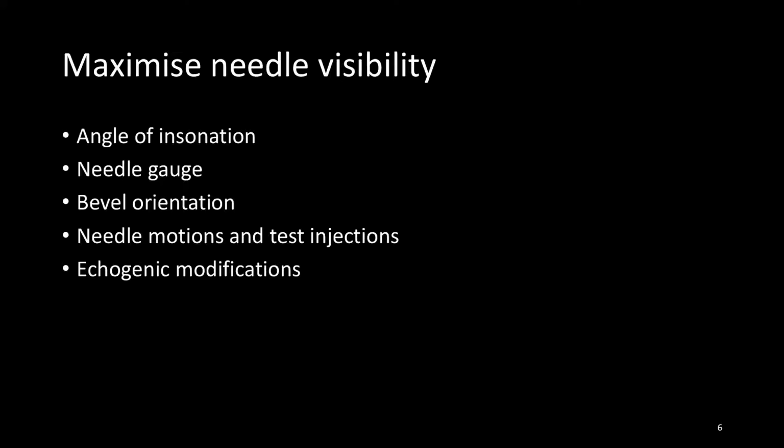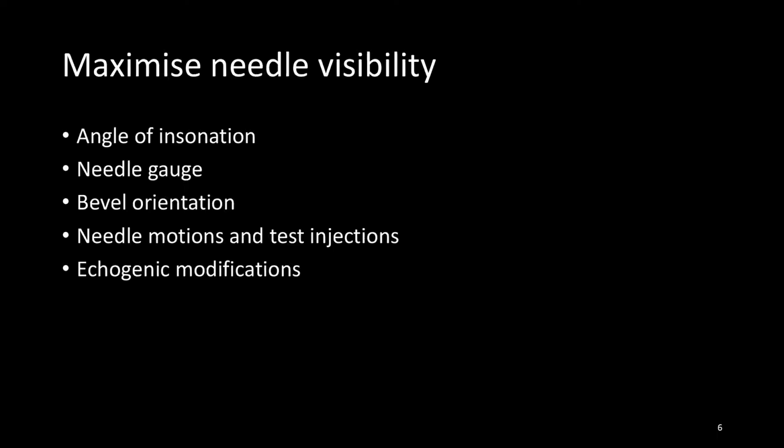So coming to echogenic modifications, initially we used smooth metallic surface needles, and these needles were specular reflectors of the ultrasound waves. When we went for a steep trajectory, more of the waves got reflected away from the transducer rather than coming towards it, because of which we got poor visibility of the needle.